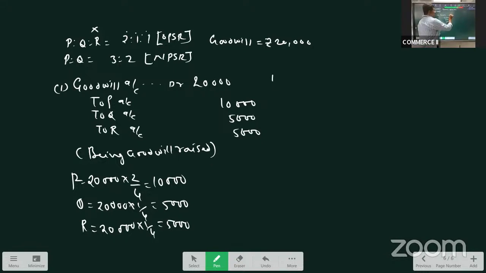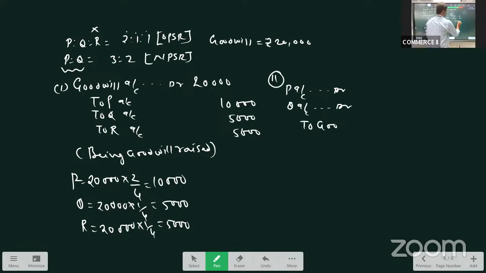What is the second step? For goodwill written off, it is written off only to the continuing partners. That is P account debit, Q account debit to goodwill account. What is the total amount of goodwill? Yes, it is 20,000. It is to be written off in what ratio? 3:2. That is 3/5.